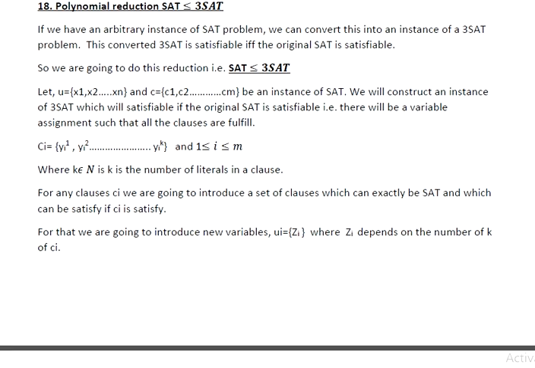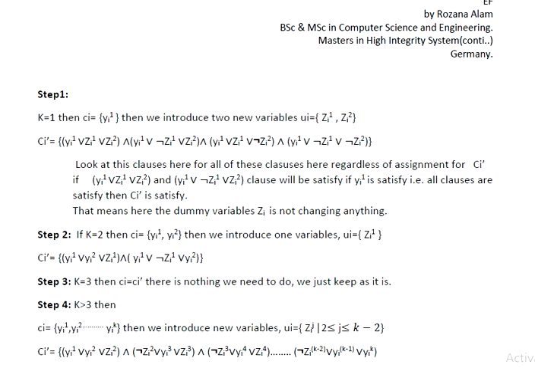And then in the first step, let's say I have a clause of SAT containing only one literal, yi1. Then we introduce two new variables, ui equals zi1, zi2, to make the 3-SAT equivalent. So ci prime is my new 3-SAT, and then yi1, or we will introduce for 2, it will be like 2 to the power of 4, meaning 4 possibilities.